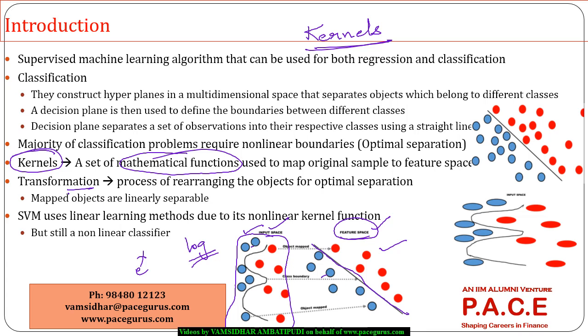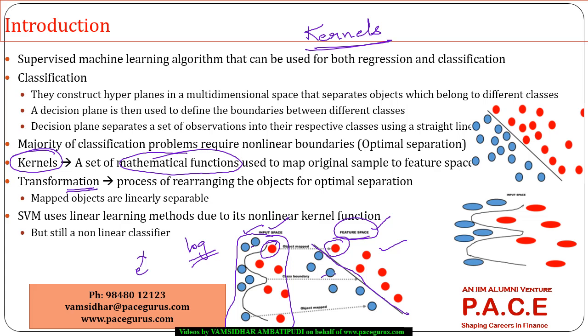Now, when we use the word transformation, it is nothing but a kind of rearrangement of the values. By applying some formula, we are rearranging. So this is the input object, and once I have performed a transformation on it, it becomes this. So there is a one-to-one mapping between the original variables and the ones that I would be transforming them into.